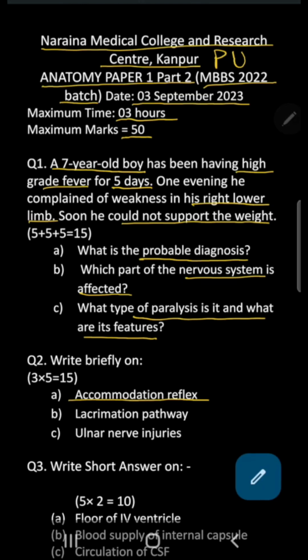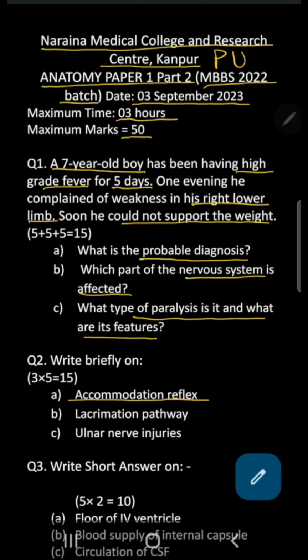For that, the curvature of the lens should be increased. The power of the eye lens should increase, and also the pupils should constrict so as to allow more amount of light to reach through a smaller opening so that you can get a brighter image.